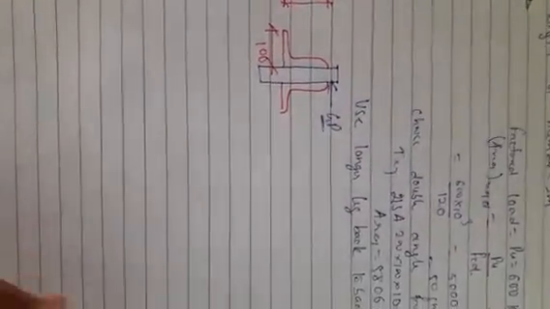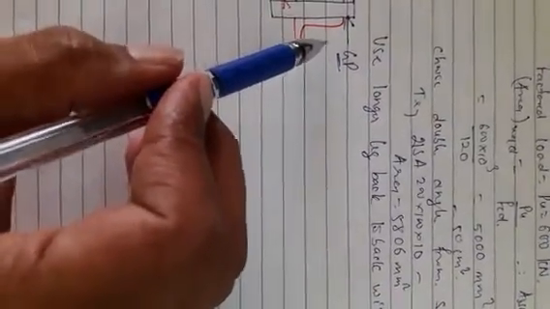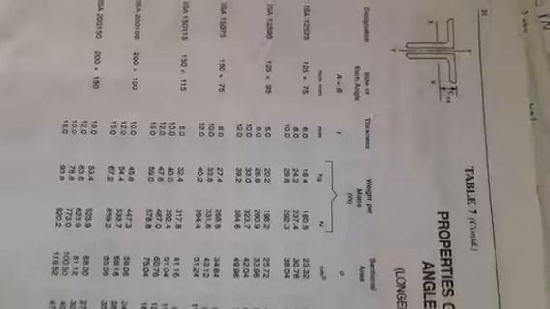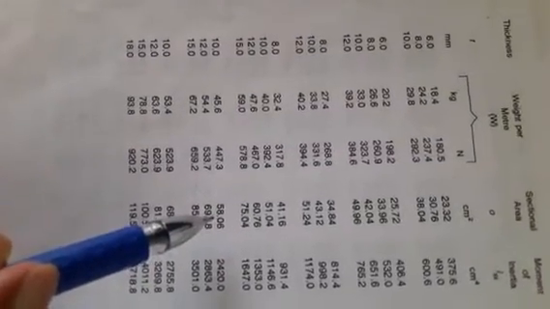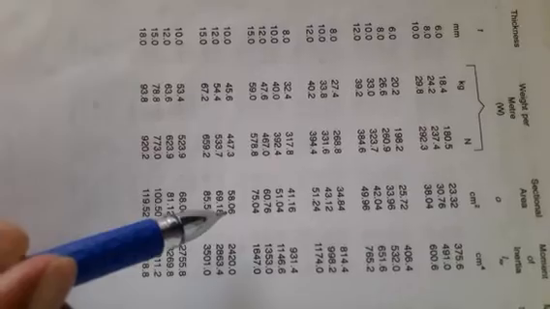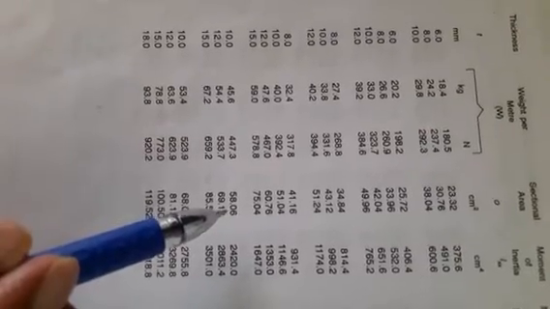Now look for steel tables for longer angle back to back with 10 mm gap. So this is one typical angle which I am saying. Two longer legs connected back to back. This is the shorter leg. So I have chosen 200 by 100 by 10. Its cross sectional area is 58.06 square centimeters.